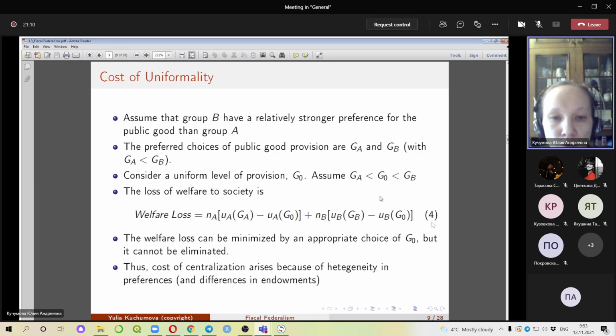So if we now consider a uniform level of provision of public good G0 and assume that it lies somewhere between GA and GB, then we can write an expression for the loss of welfare to a society from this uniform provision. Specifically, we calculate the difference between utilities UA of GA minus UA of G0 and multiply by the number of people in this group, NA, and do the same for the second group, B: multiply the difference between UB of GB and UB of G0 by NB.